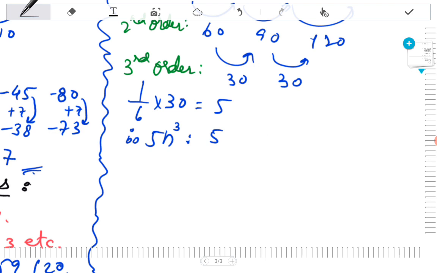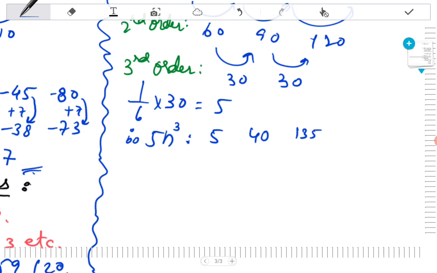If we set n as 2, 2 cube is 8, 8 multiplied by 5 is 40, and then 3 cube is 27, 27 multiplied by 5 is 135.